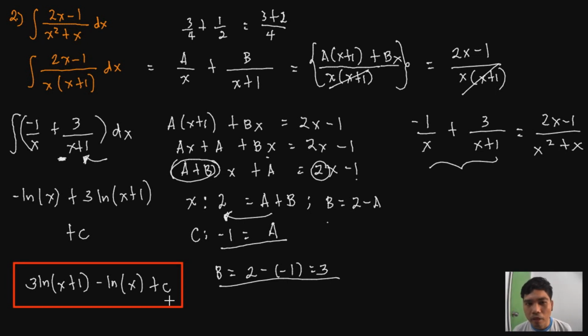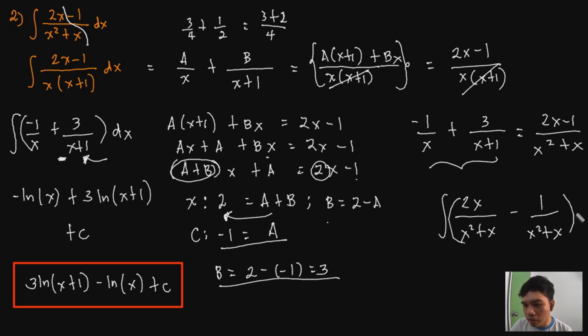Now, what if you try to, let's say, dissect this into 2 parts? Let's say ginawa mo is, hindi ka marunong mag-partial fraction, so you'll just be applying the basic integration procedures. So you might be doing something like, okay, I'll try to have this as the integral of 2x over x squared plus x, and then minus 1 over x squared plus x.